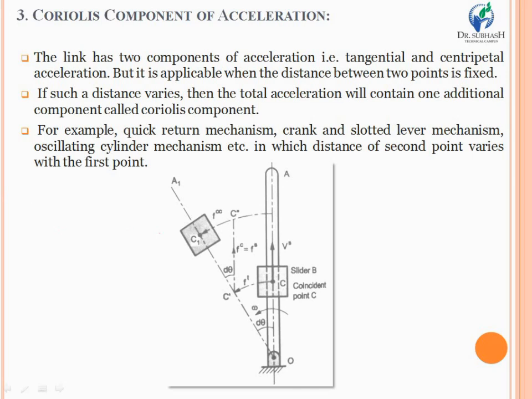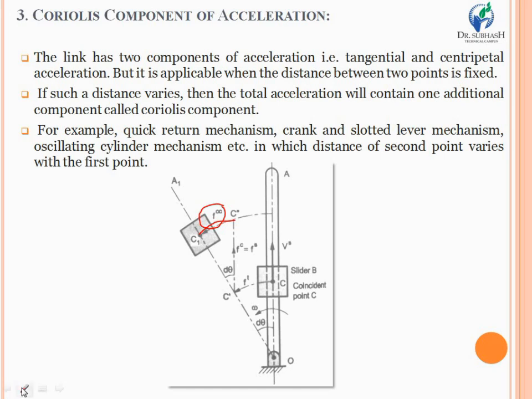Again, the motion from C double dash to C1 dash results in a third type of acceleration component, which is represented as the Coriolis component of acceleration.